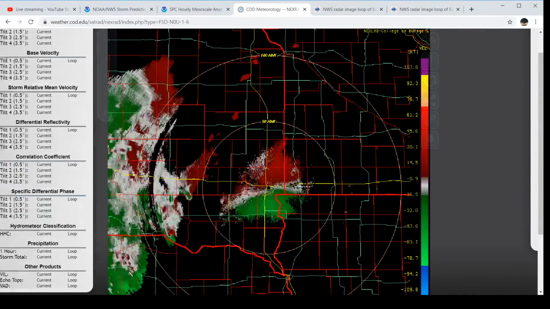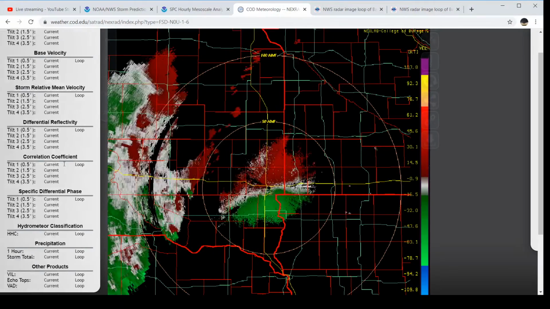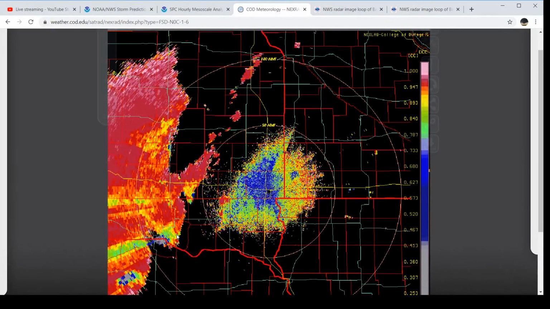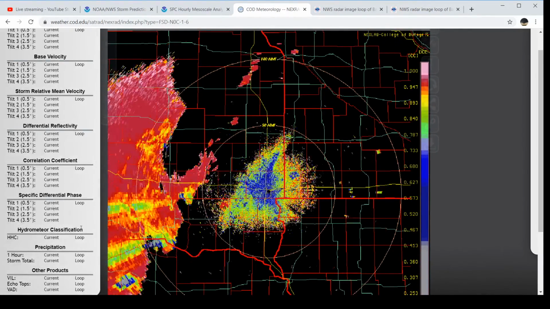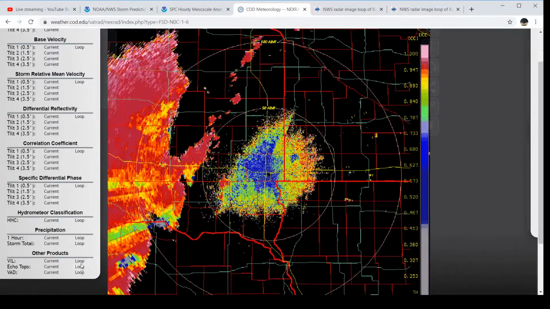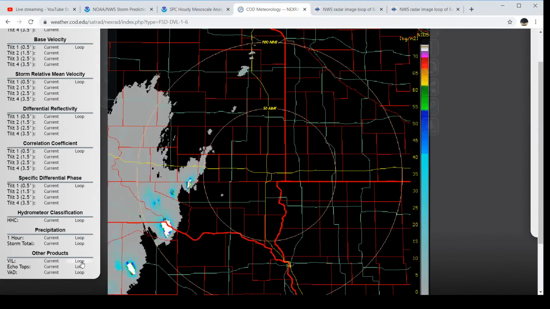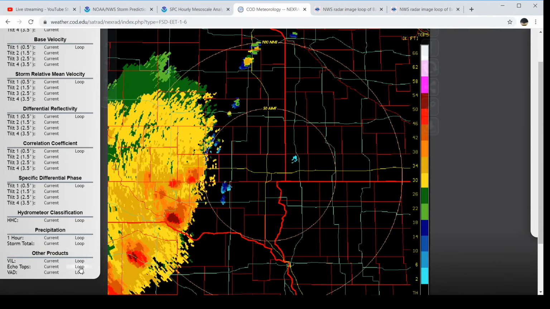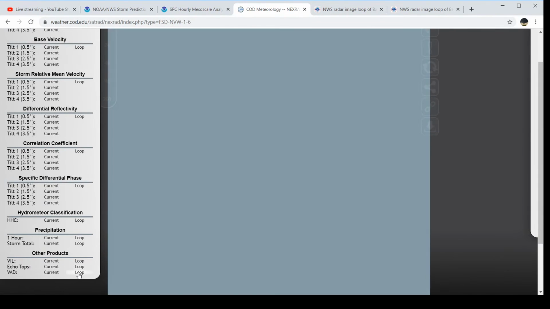Let's see what's happening with our correlation coefficient. Let's see if we got a brief confirmed tornado on the ground. Don't see much. Equitops. Wow.